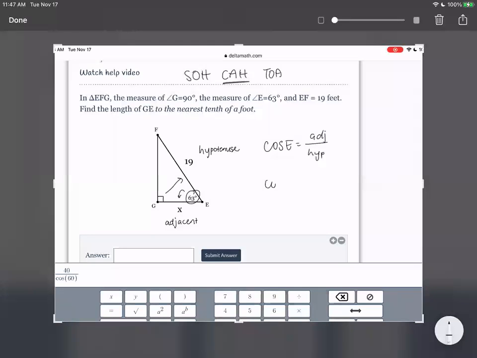And so then cosine of 63 degrees is equal to our adjacent side, x, over our hypotenuse, 19. Then x is being divided by 19. To get rid of that, we just multiply by 19 on both sides. That cancels that out. You get 19 cosine 63 degrees is equal to x, and that's what we're going to type on our calculator in just a moment. But before we type it in, are there any questions?